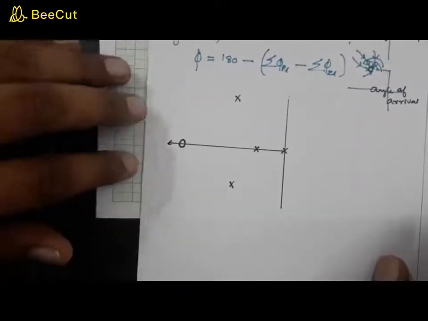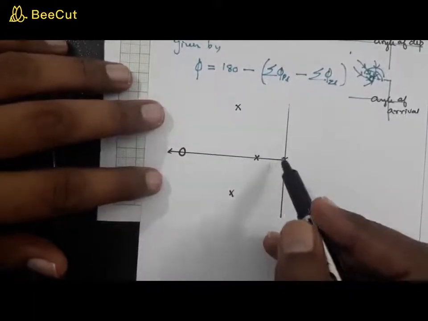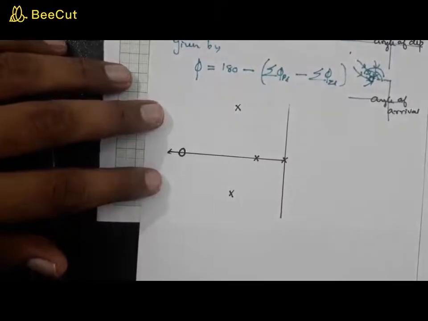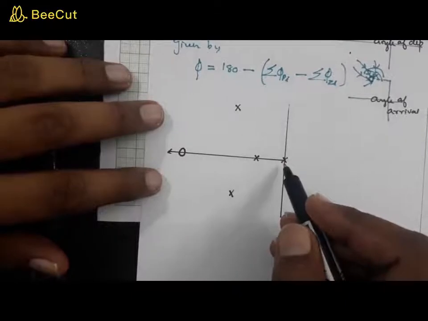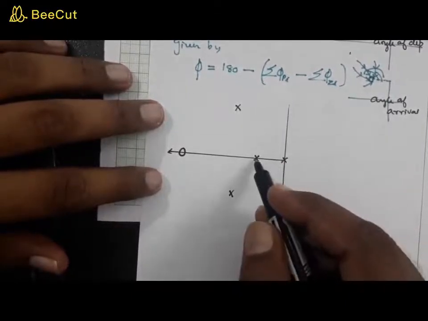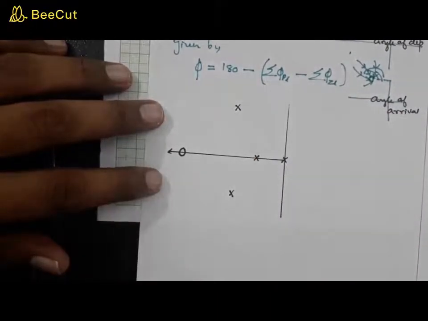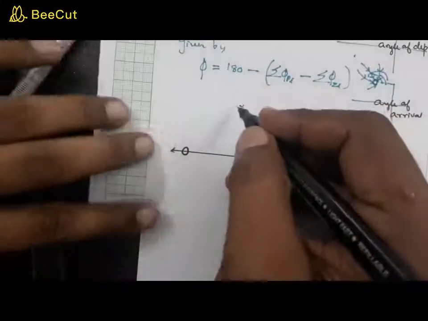Now consider a scenario like this. You have 4 poles and a zero. So you can have an open loop transfer function like this. These are the open loop poles, 2 real poles and 2 complex poles, and a zero.